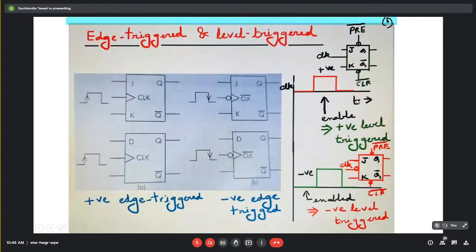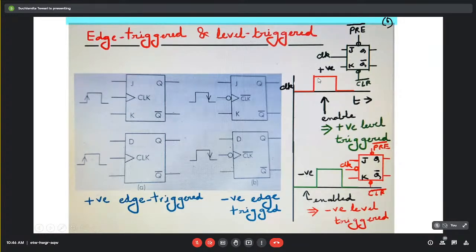Now let us come down to positive level triggered and positive edge triggered. Positive level triggered is very simple in the sense that during the positive half cycle, or during the enabling period of this clock, the circuit is able to be triggered.